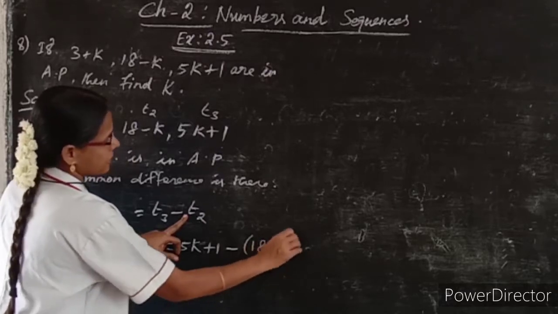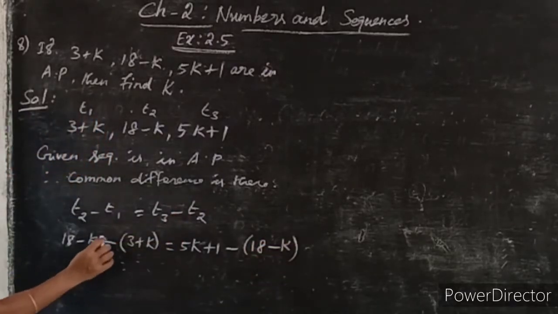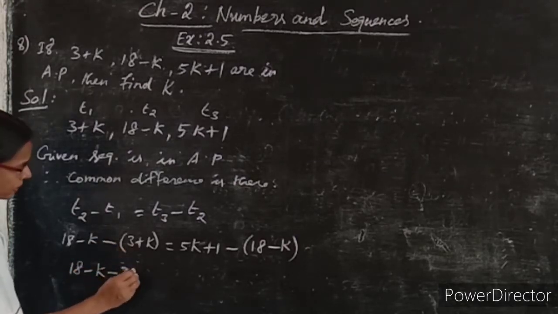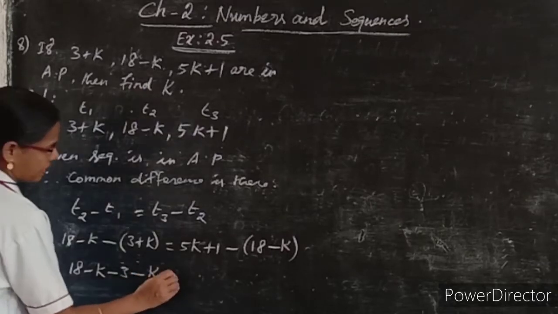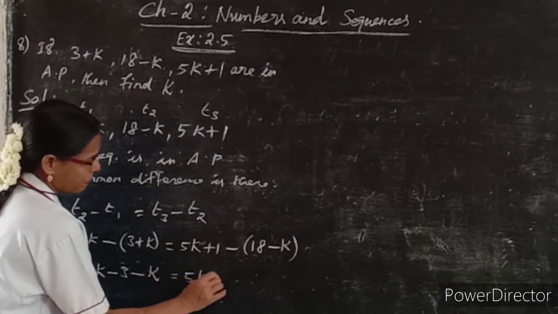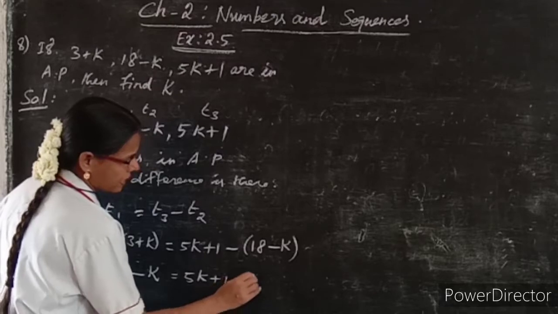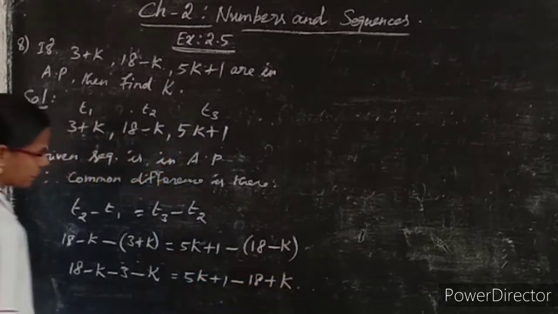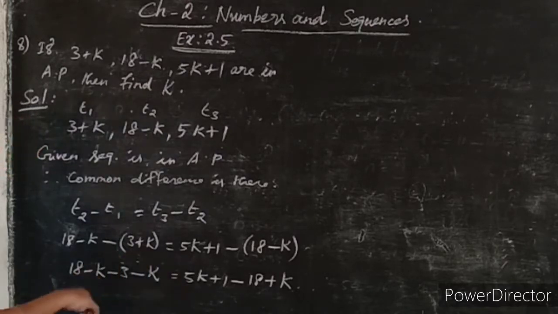18 minus k. Now remove this bracket. 18 minus k, this minus into plus is minus 3, minus into plus is minus k, is equal to 5k plus 1. Here minus 18, minus into minus is plus k. Now transfer.